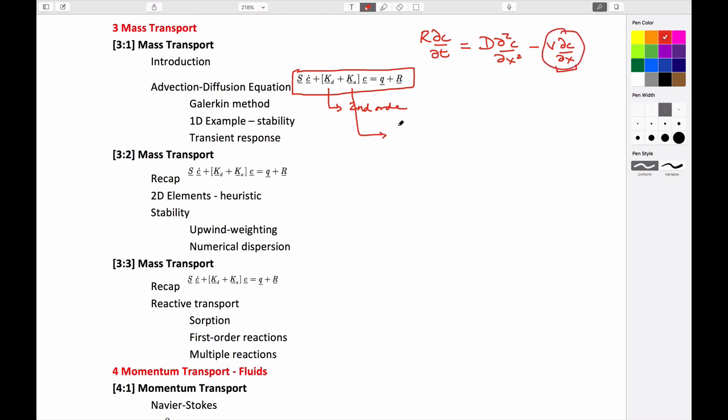And this advective conductance matrix would look something like integral, is it B transpose times velocity times the derivatives of the shape functions over the volume of the element.